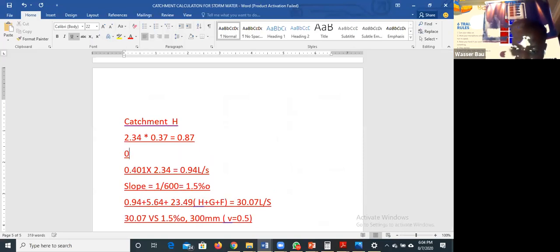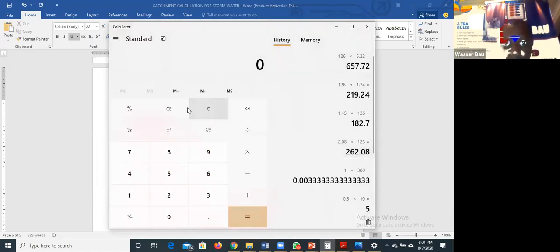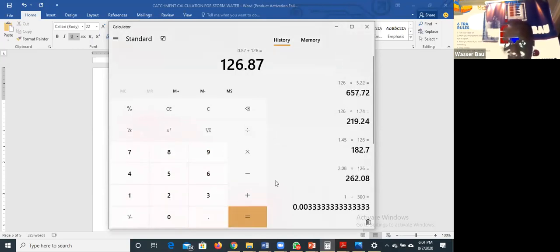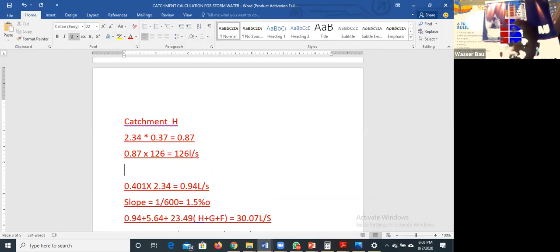So 0.87 multiplied by 126. That will give us another 126 liters per second. Very small inflow. Very small inflow.